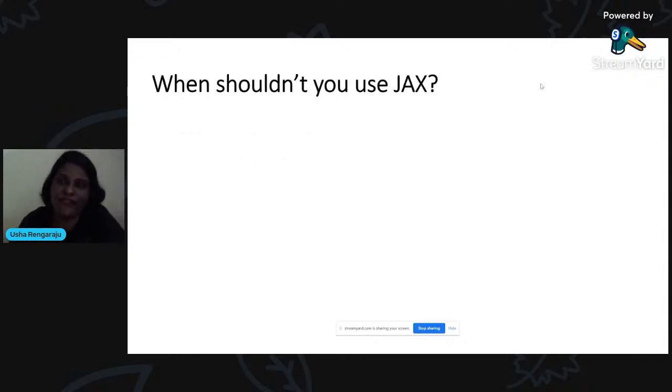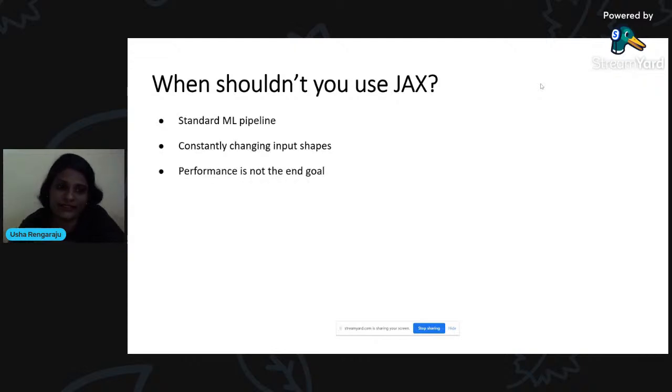And when you shouldn't use JAX: if you're just trying to build a standard ML pipeline, or you're just doing a POC of some concept and you don't want to overload yourself with the complexities which JAX can sometimes impose, you can just stick to whatever you know. If you have constantly changing input shapes, then JAX may not be the right framework for you.